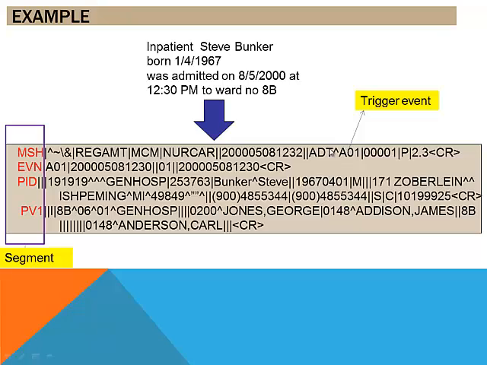Also, we have a message type. What this message is about is shown here, ADT. That means admission of new patients. In fact, this message also has some segments. We will talk about their meaning later. Now we only care about the trigger event.